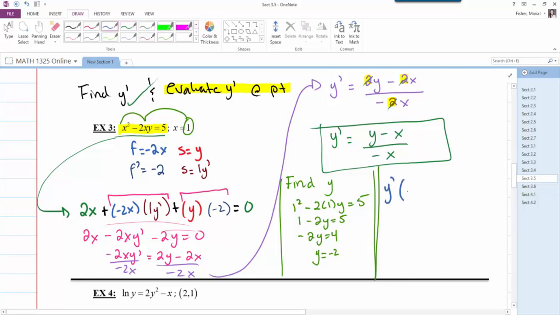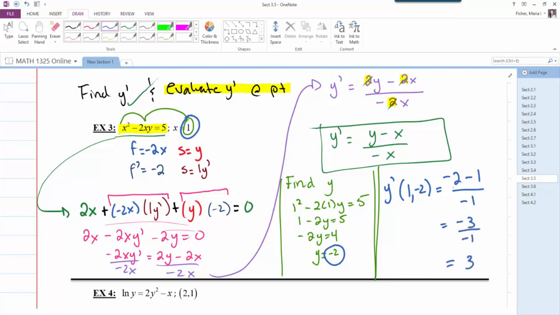So y prime evaluated at 1, negative 2 is going to equal, well, negative 2 minus 1 over negative 1. So negative 2 minus 1 is a negative 3 over negative 1 is a positive 3. So at the point 1 comma negative 2, we get a value of 3.